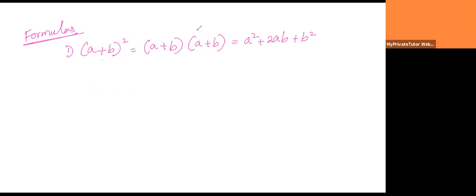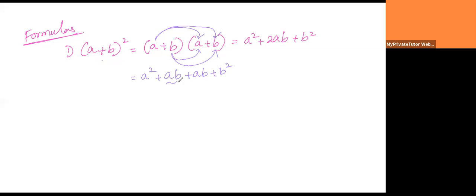Then multiply, which is distribute. So a times a and a times b. a times a is a square, a times b is ab, and then multiply by b. What is b times a? ab, and next one b times b, b square.